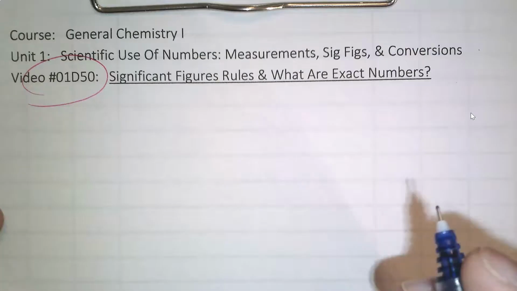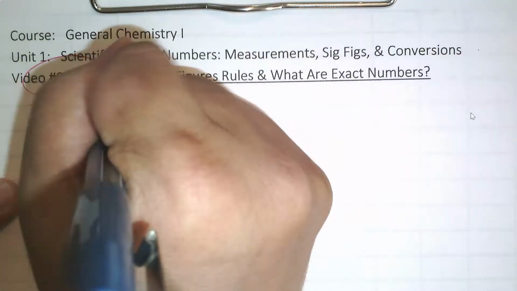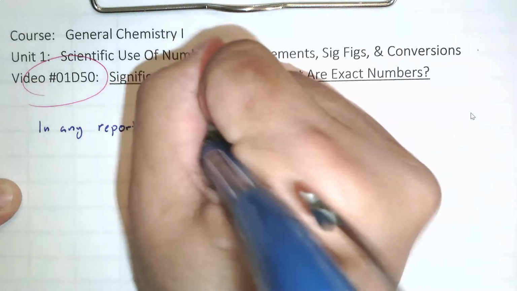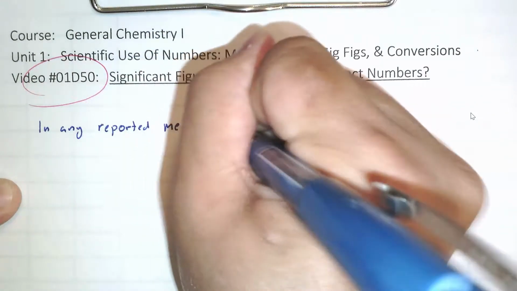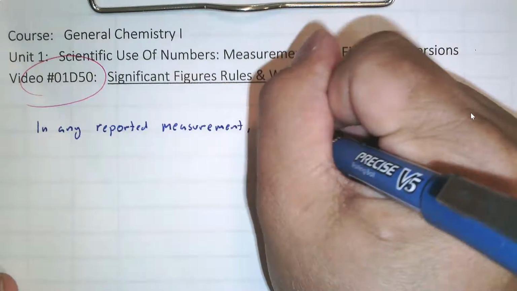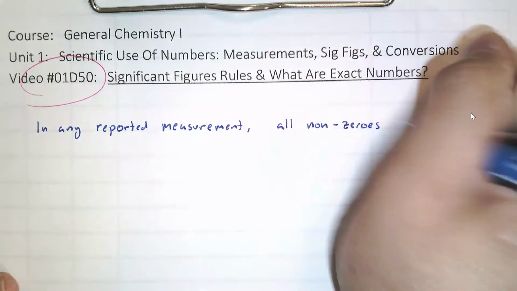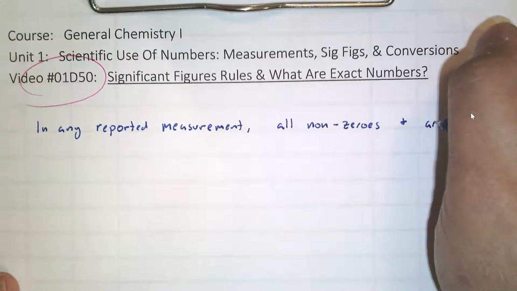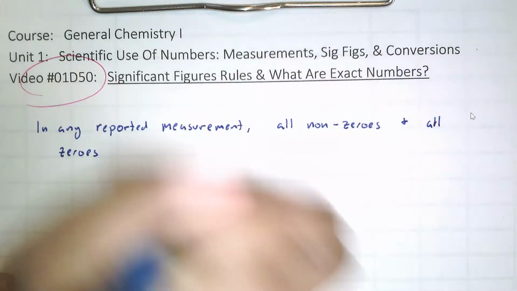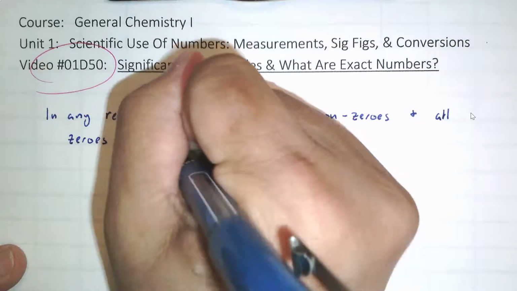Let's give a little bit of a definition. In any reported measurement, all non-zeros and all zeros not used as placeholders are significant figures.